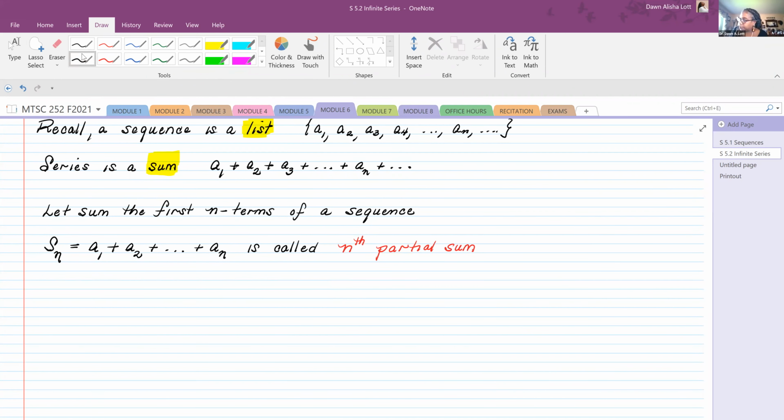So here's an example. Let's consider the sequence where An is equal to 1/2 to the n minus 1 power. Okay.